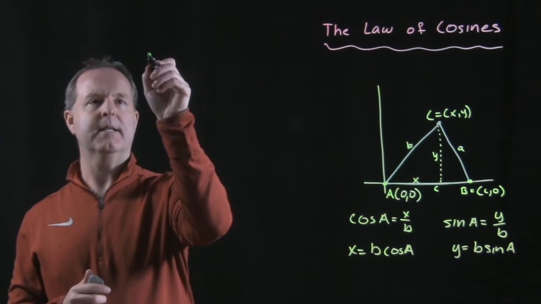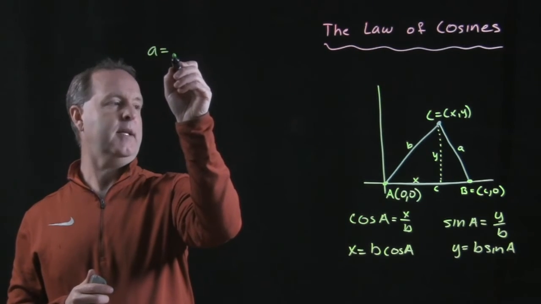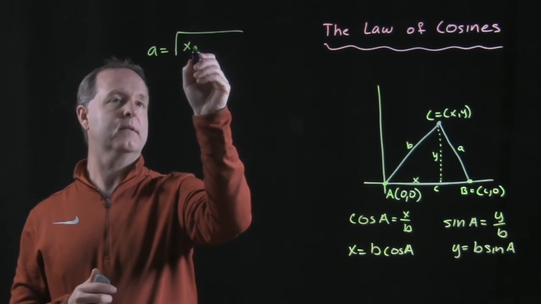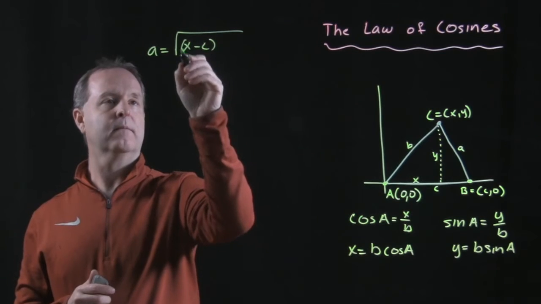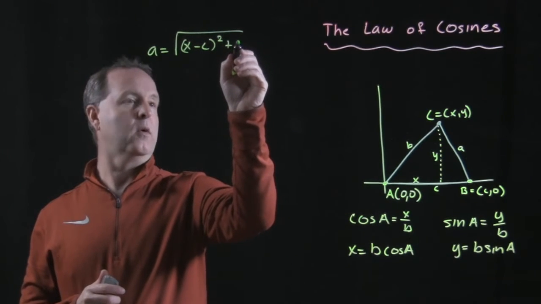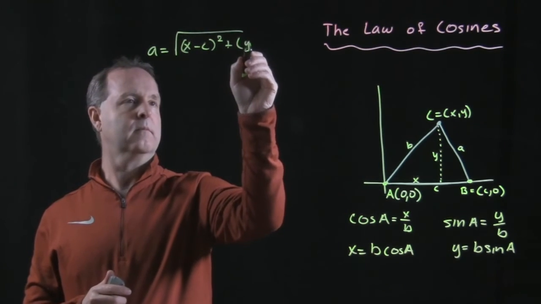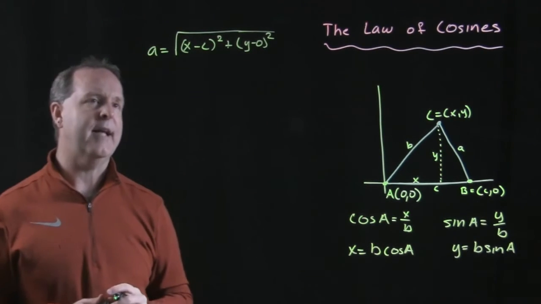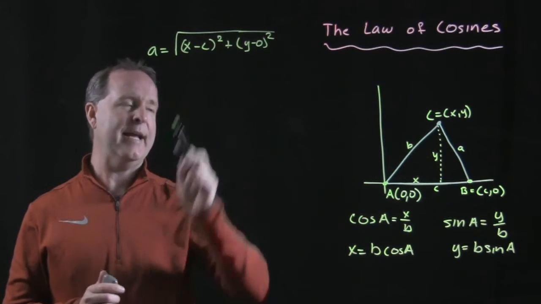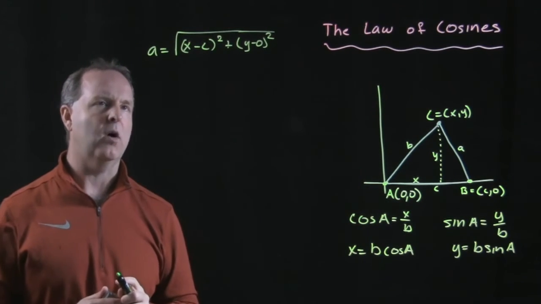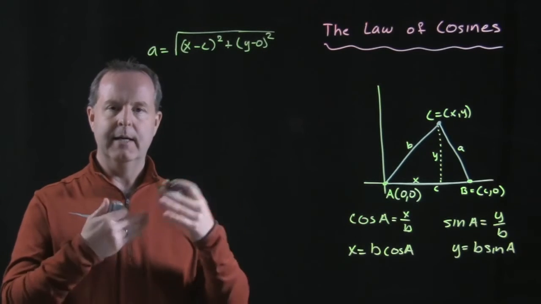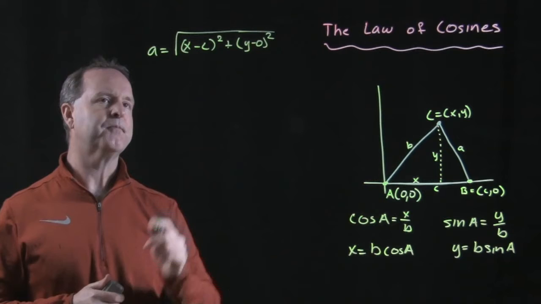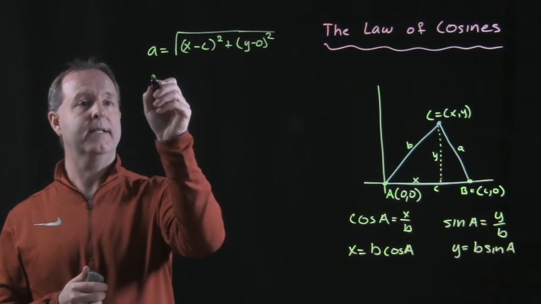So A equals the square root of the difference of my x coordinates squared plus the difference of my y coordinates squared. All right, let's just start working that down. Notice I'm in terms of x's and y's and sides, A's and B's. So ultimately, I want to get them all in terms of a common pair of variables, which will be, in this case, A's and C's. Let's square both sides.